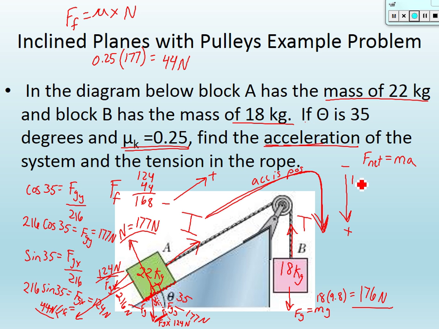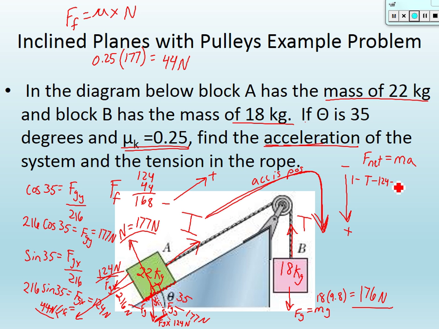We don't know tension and we don't know acceleration. So here's how we'll do it. For this first one, let's pick block A. It's more complicated. What was positive, tension or force of gravity and friction? Tension was positive, so we're going to put tension minus FGX, which was 124.